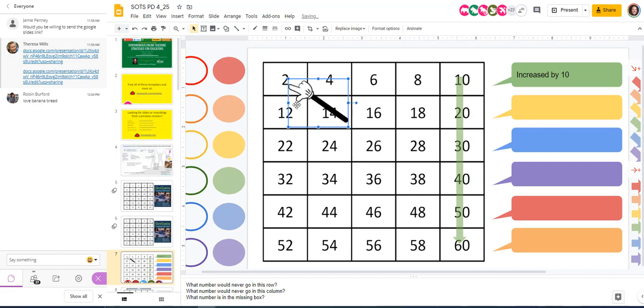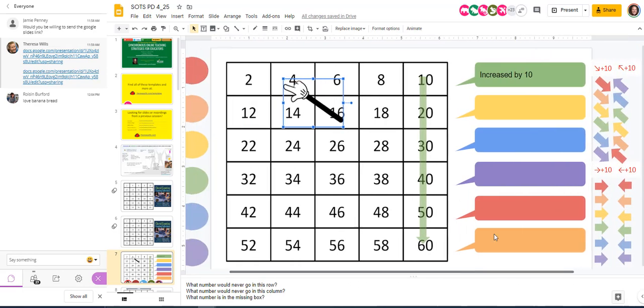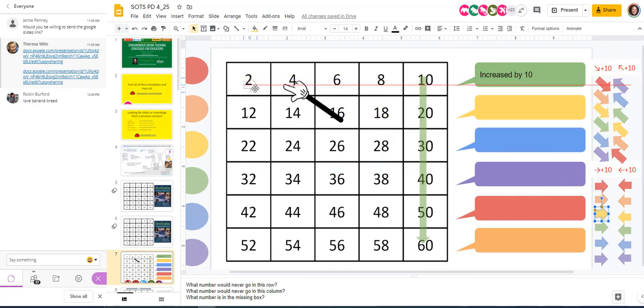Ah, so am I pointing to the right place from here to here? Yes. Okay. Very neat. So we are seeing an increase of 2 going in this direction. And I see another hand up, but let me record Beatrice's thinking.